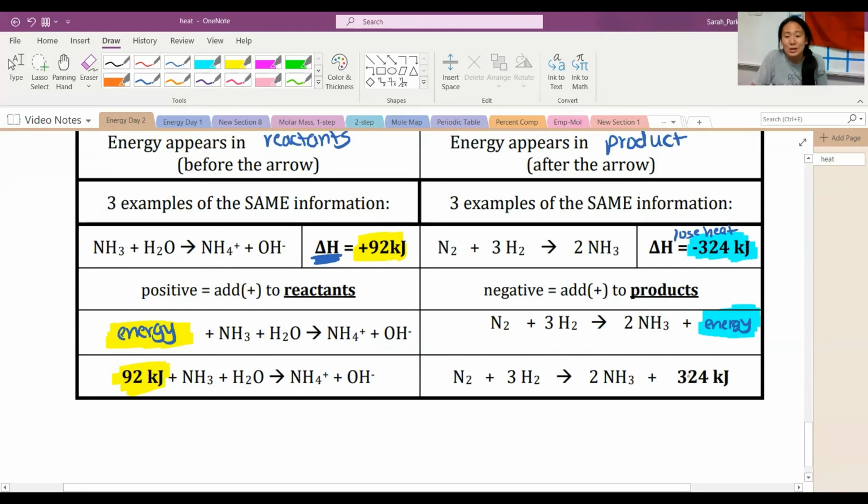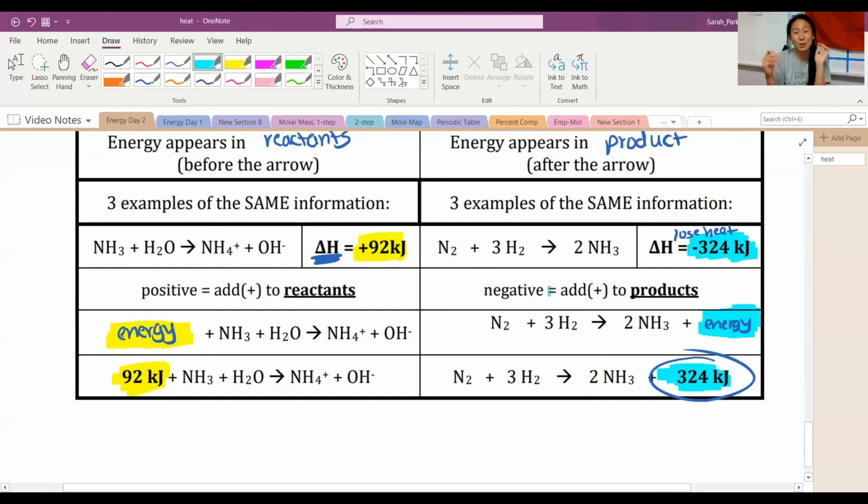That's what it's saying. This is where a lot of people mess up. You see that there's no negative here, but where is it located? It's located after the arrow, which means that, hey, I don't need this energy anymore, so it's going to go away. I'm going to put it out into the surroundings because the system doesn't need it anymore. So you don't have to put the negative in a chemical reaction.